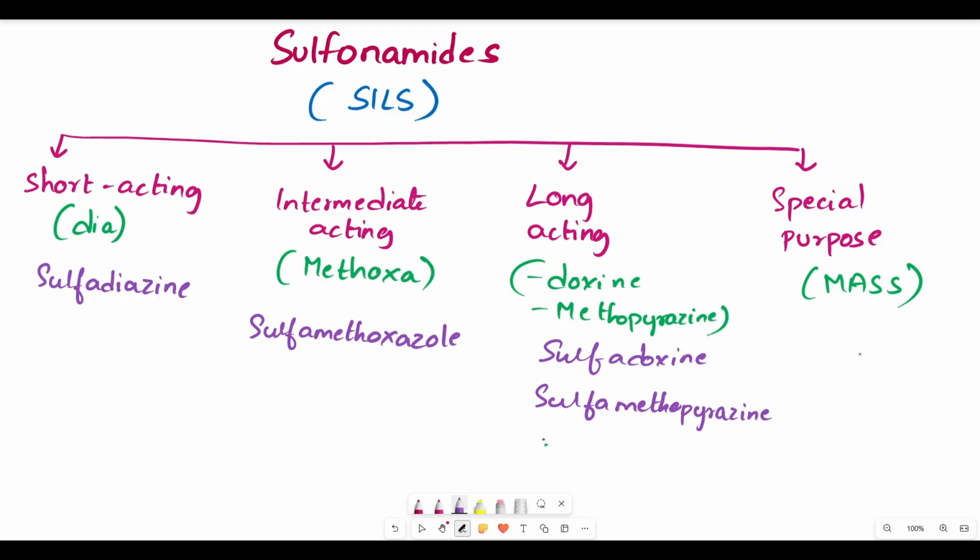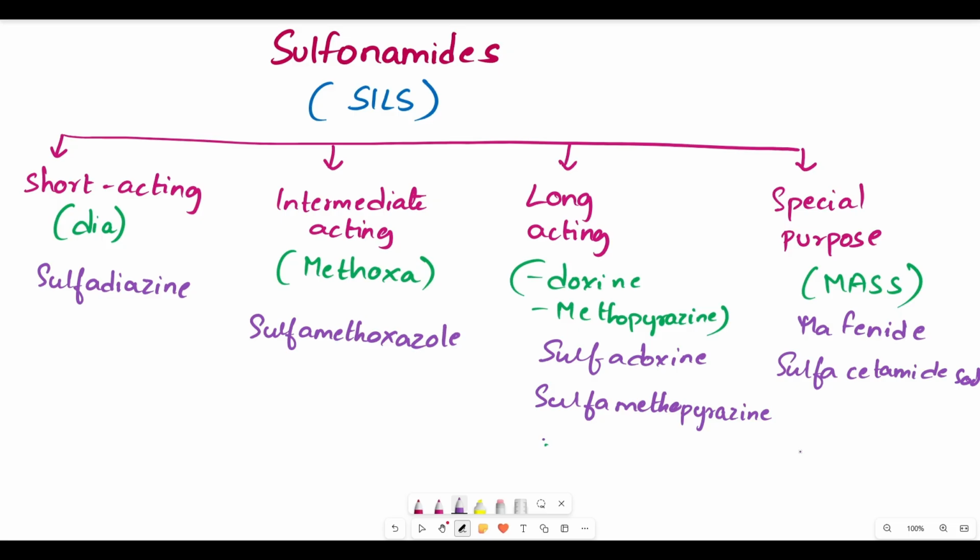Coming back to the special purpose, remember the term MASS, where M means it is the first example, that is mafenide. Remember A as acetamide sodium. So here the example would be sulfacetamide sodium.